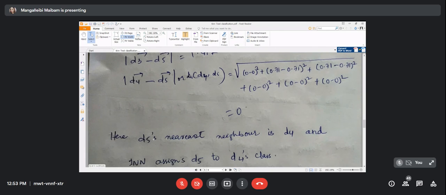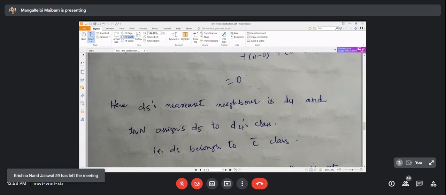Since d4 and d5 distance is 0, it means it has the minimum distance, which means maximum similarity. So d5's nearest neighbor is d4.